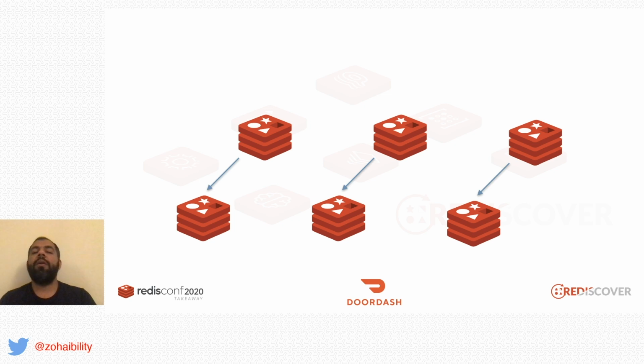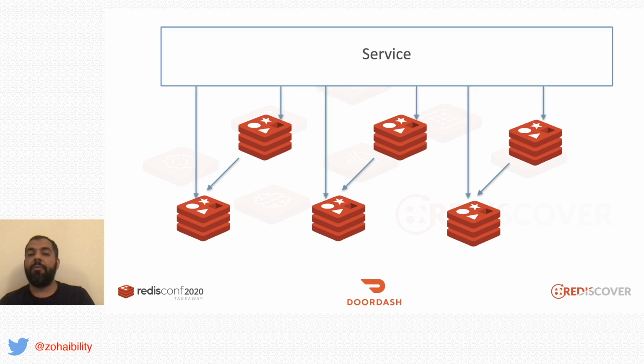But in a typical cluster configuration with sentinels and all that, you get 3 masters and 3 replicas. What we should ideally be able to do is read from all of them. That's where we want to go, right?